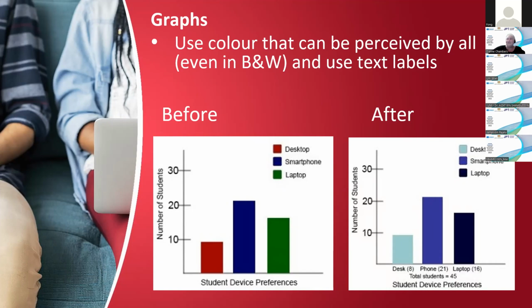So you can also see that on this particular graph after, I've got my aspects labelled. So desk, 8 people said a desk, 21 people said a phone, 16 people said a laptop, total students are 45. When I have a screen reader, it will read that out for me. So if I've got a student that can actually access that graph, it'll give them the information that they require. Okay, so very important to think about those things when we're putting them together.